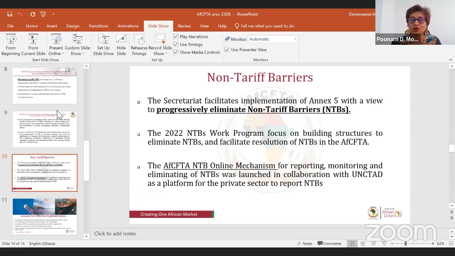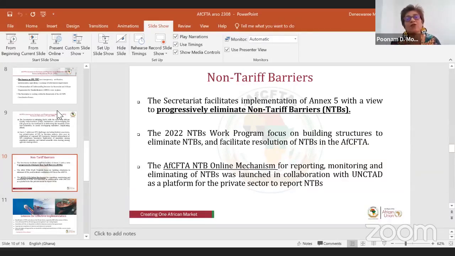We also have a non-tariff barrier online mechanism, which is already functioning. I would invite you to go to our website to look at that monitoring mechanism, which you can use even today, to report non-tariff barriers that you come across when you're trading, even in the pharmaceutical sector.